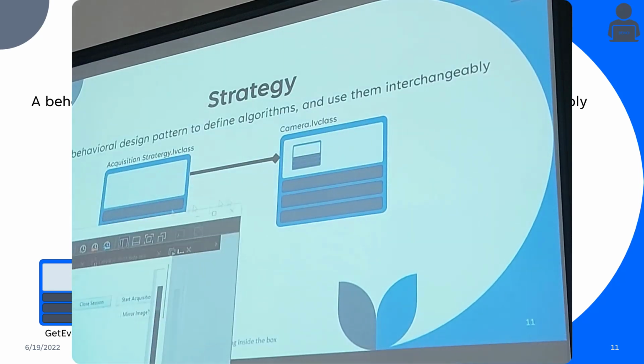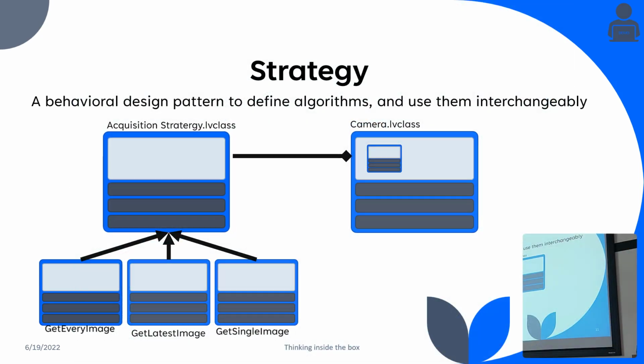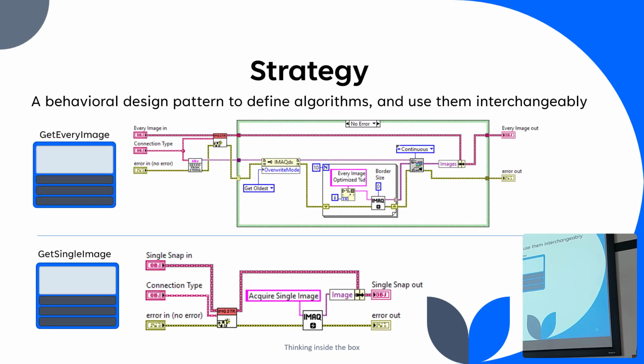I won't show you the code because it's for a customer project. I will show you just a couple of screenshots. The way I initialize the camera for the different strategies is, if I get every image, I have to create a bit of a buffer that it can roll through.